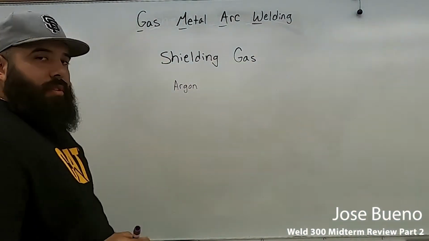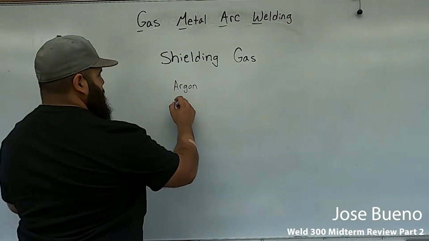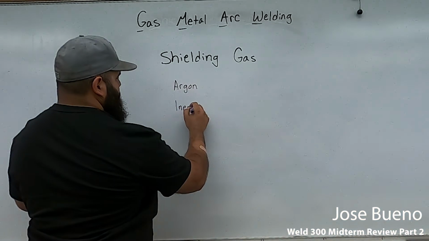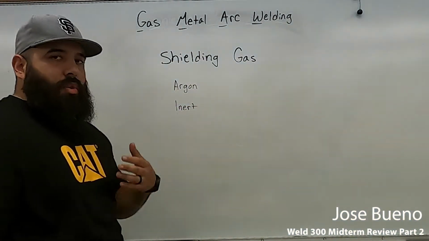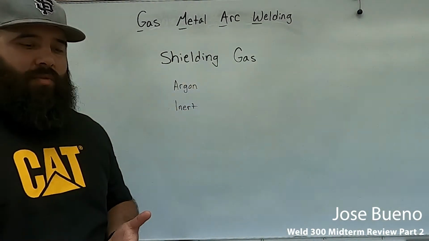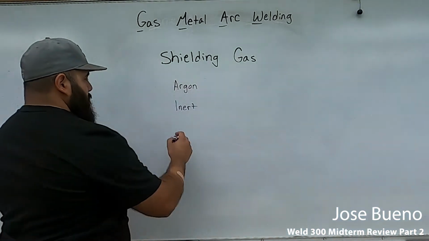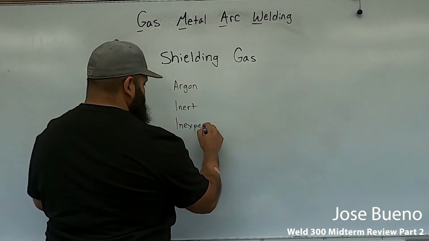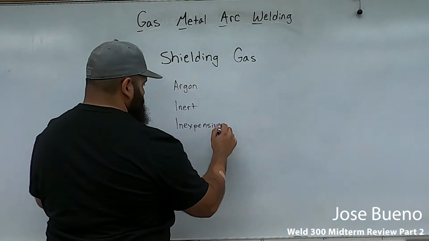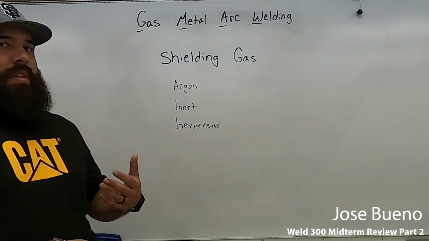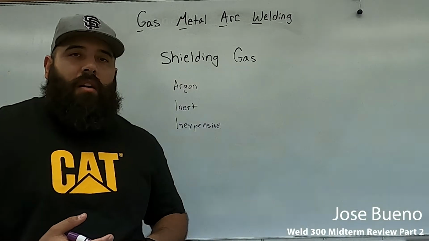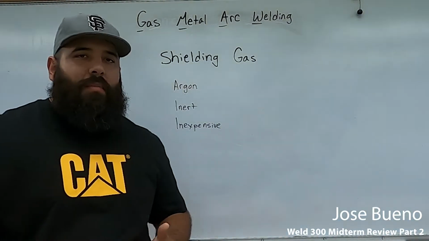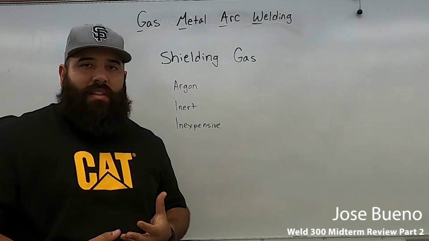So let's start off with argon. Let's first remember that it is an inert gas, so it does not chemically react with the weld. It's also fairly inexpensive. So when we think about producing argon, think about the elements that are in the very air that we breathe.